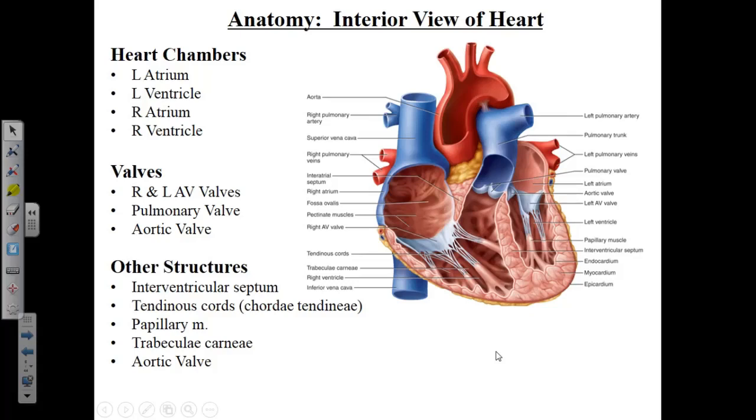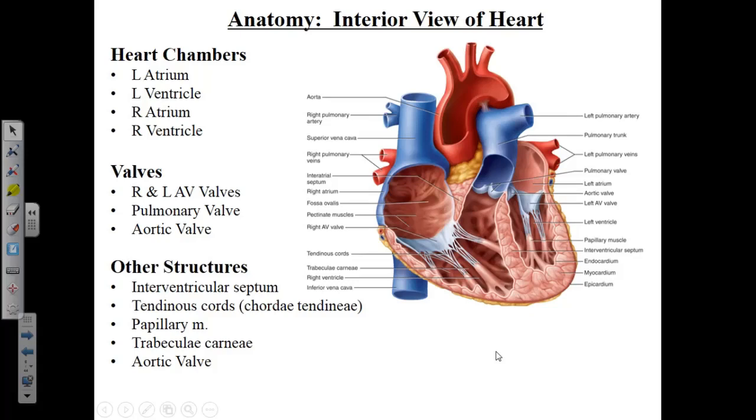And so here we have valves that separate the atria from the ventricles. This is one valve that separates the right atrium from the right ventricle. Here's another valve that separates the left atrium from the left ventricle. Since the valves are separating atria from ventricles, they're called atrioventricular valves. The one on the right is called the tricuspid valve.